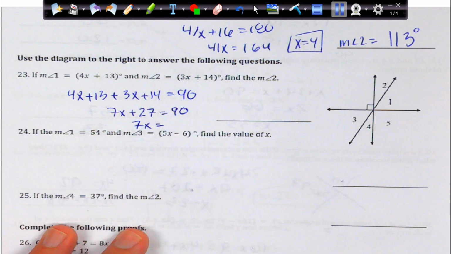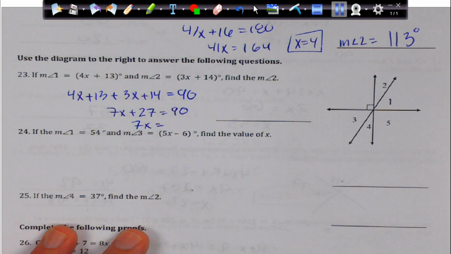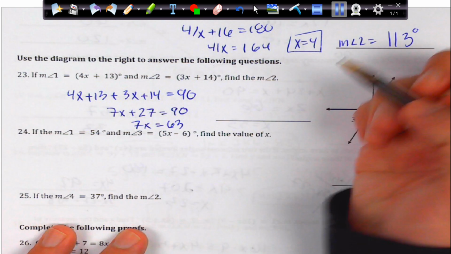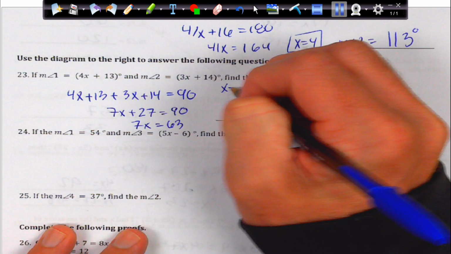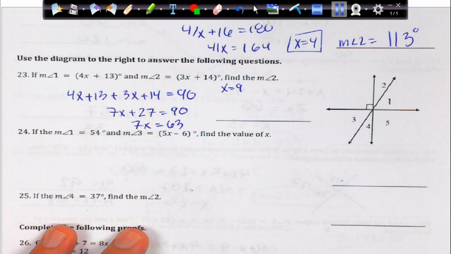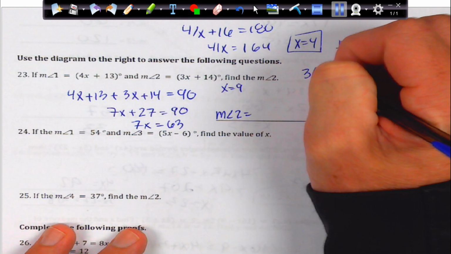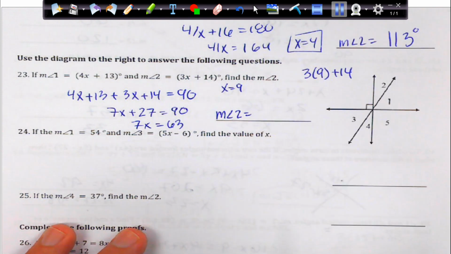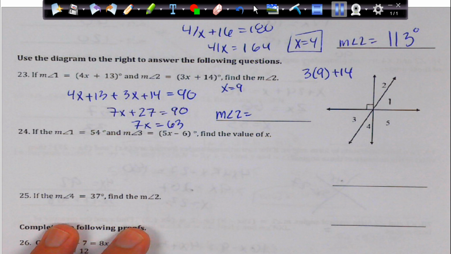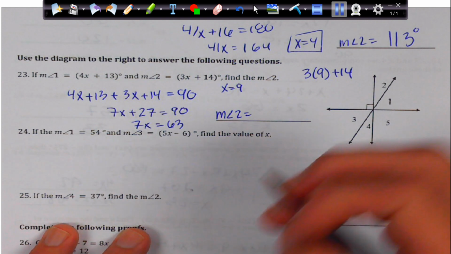Subtract 27 from 90, which is 63, and then divide by that, x equals 9. And it says find the measure of angle 2. So the measure of angle 2, that's going to be 3 times 9 plus 14. And so, let me calculate that on my calculator just to be careful. Times 3, which is 27, plus 14 is 41.